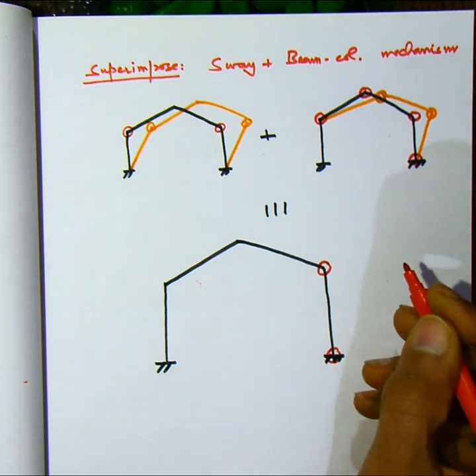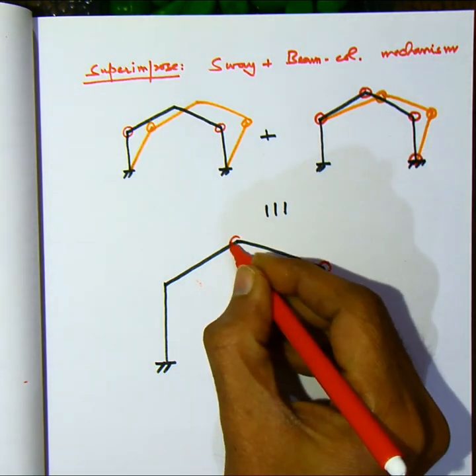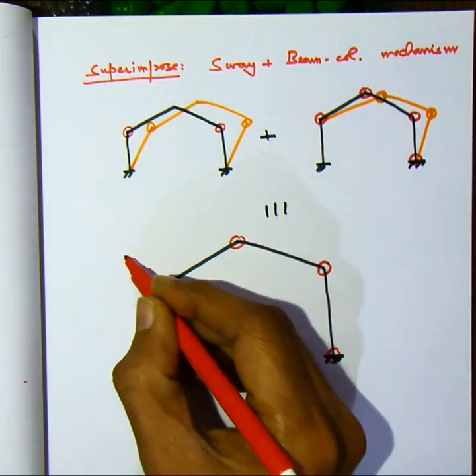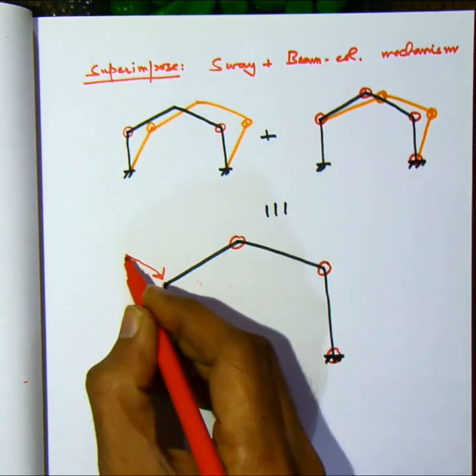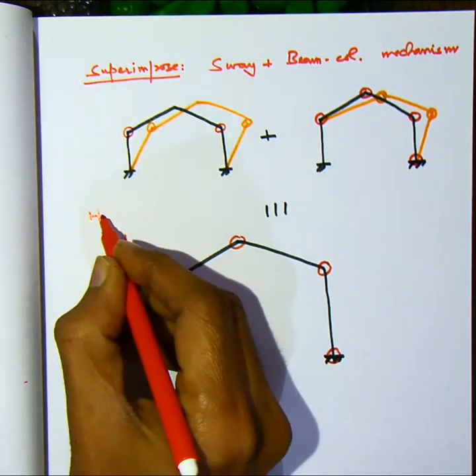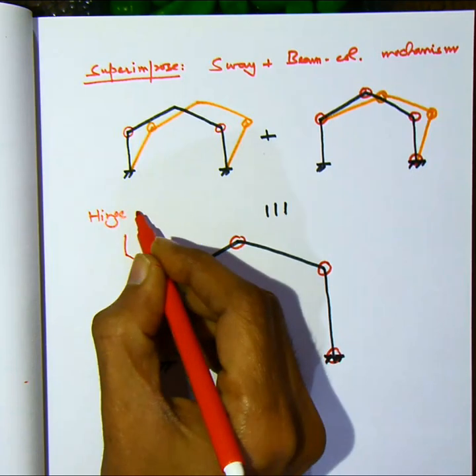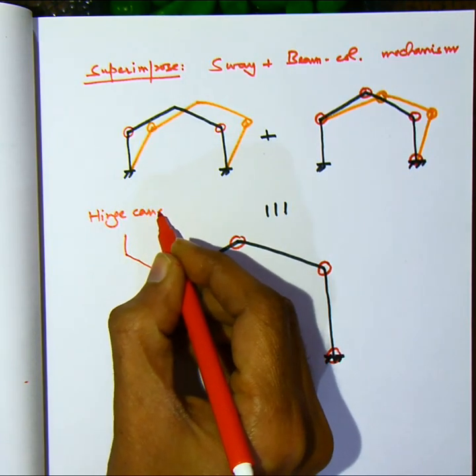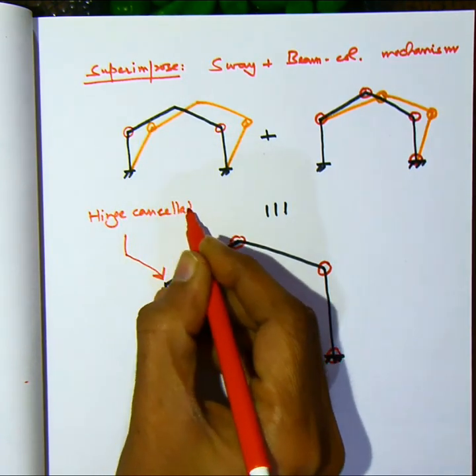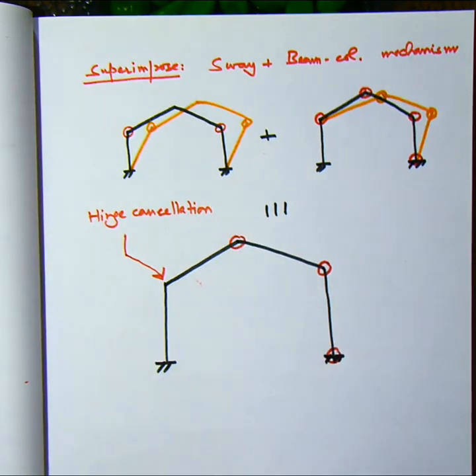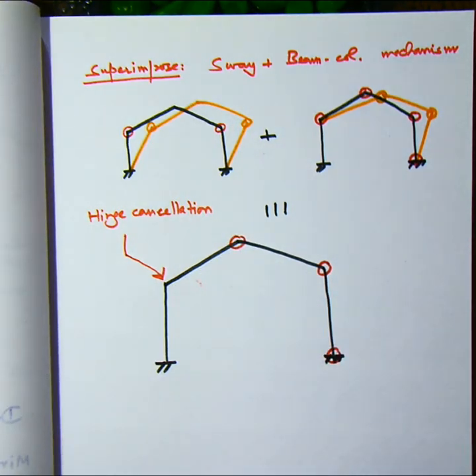So here there will be a hinge cancellation at this joint. The top of the left column, there will be hinge cancellation, and the first column, the left column, and the inclined beam connected to it, they will act like a rigid body now.